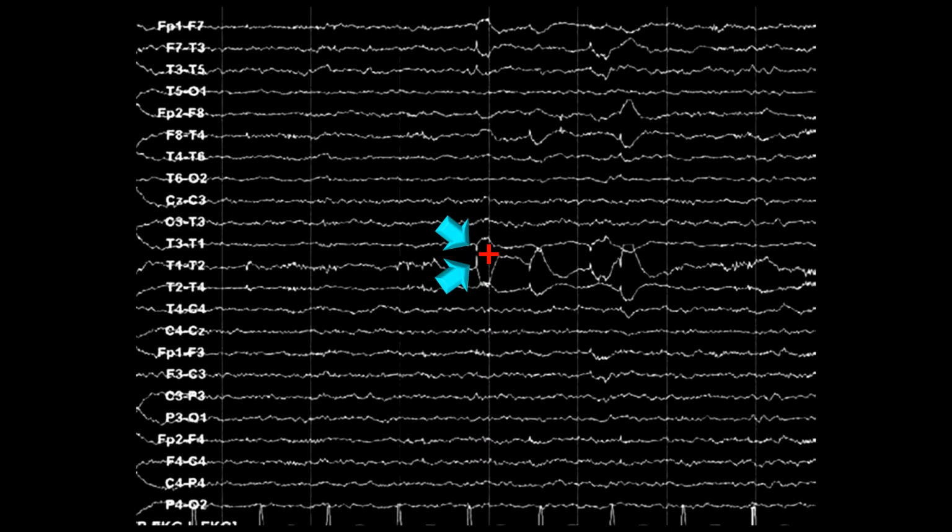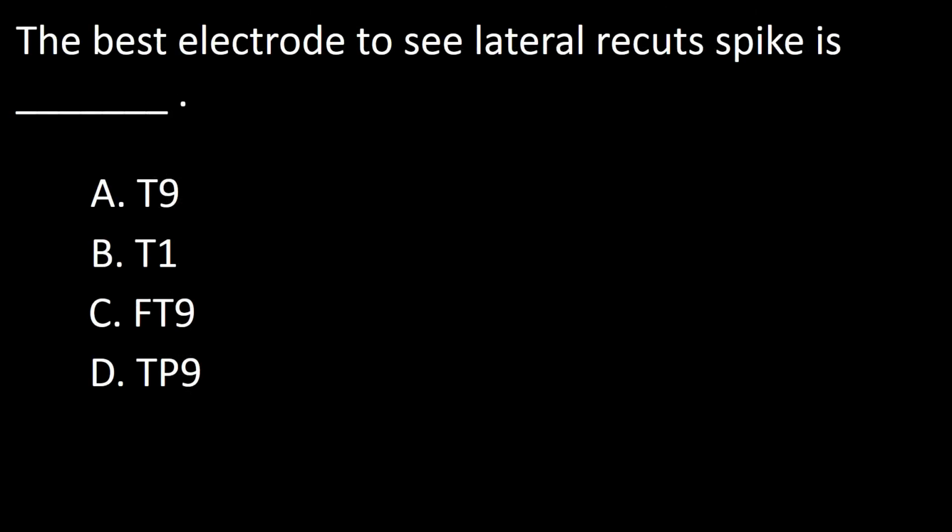As you can see, the spike precedes a positive deviation in the electrode where the spikes are noted. You can see the same thing here. The one before was at T1. Here you can see it at T2. So the answer to this question is B.